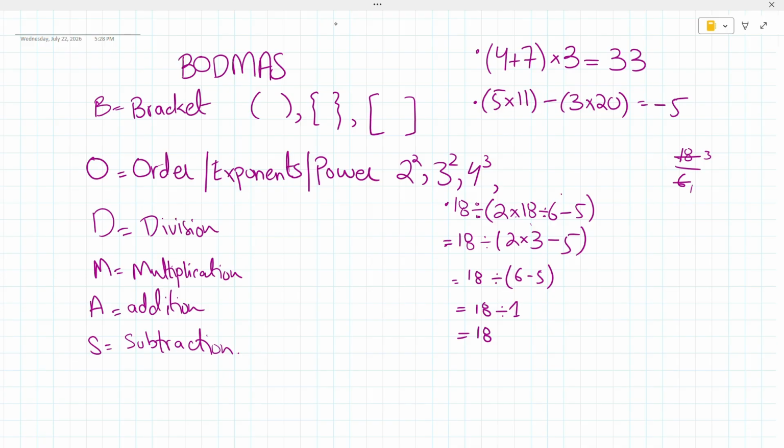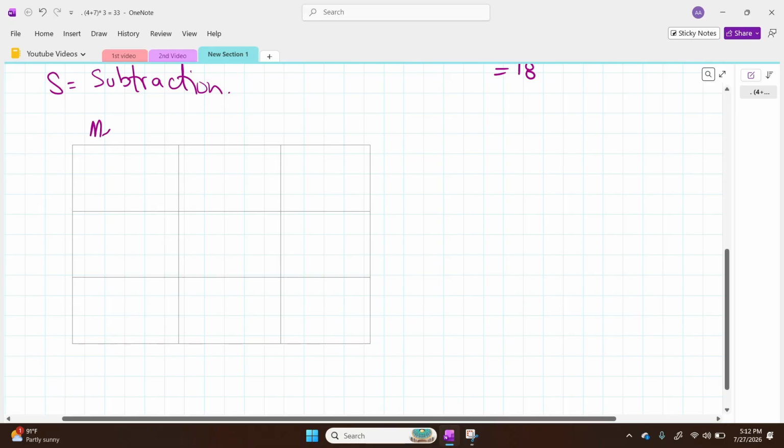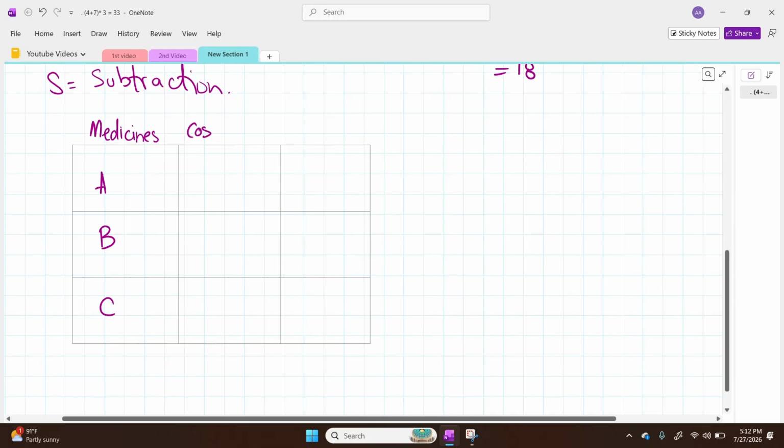Now for this we will consider one real life problem. For that real life example, let's suppose you go to a medical store. You take three kinds of medicines. Let's suppose medicine A, medicine B, medicine C, and this is the cost per strip.